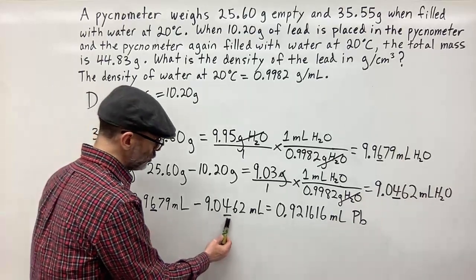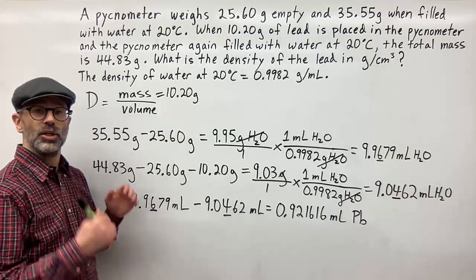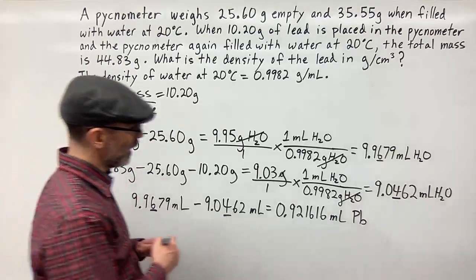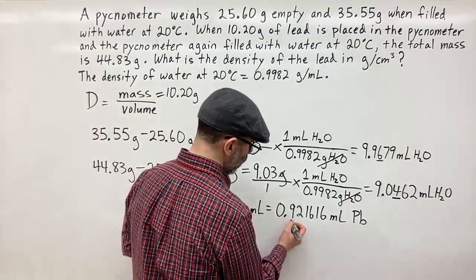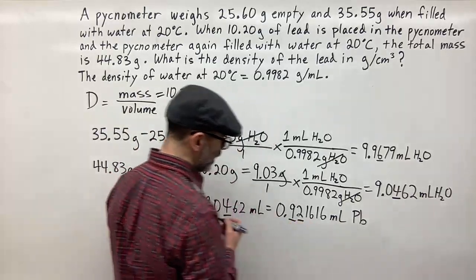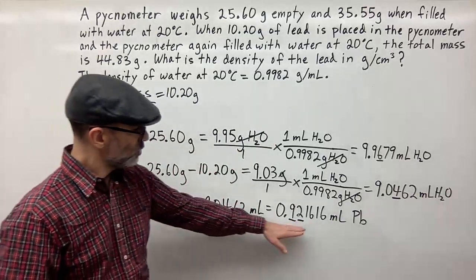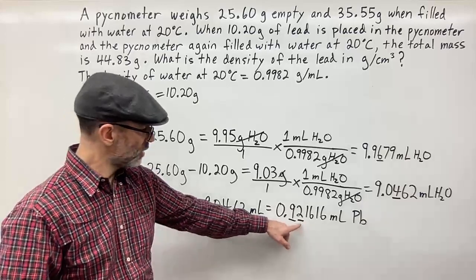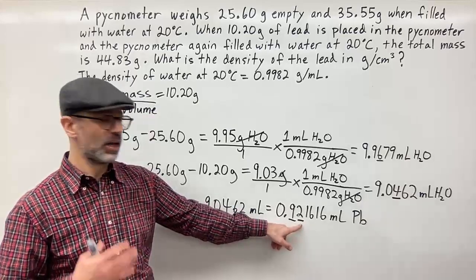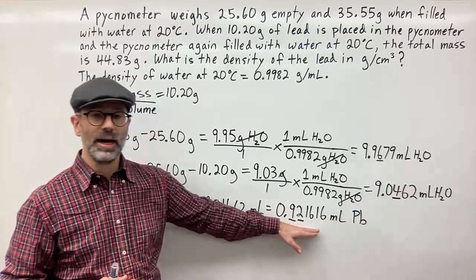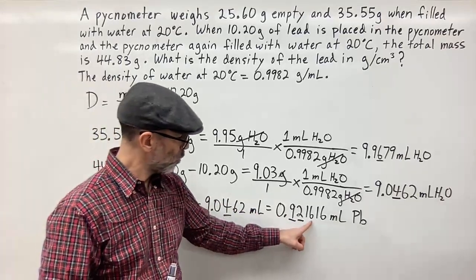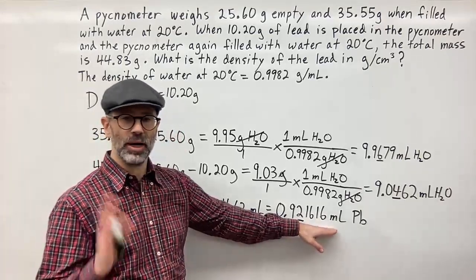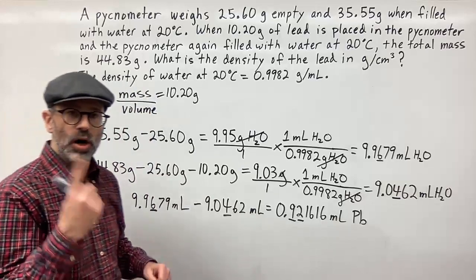This has 1, 2 decimal places. So 2 is the smallest number. So that means that I can only keep up to 2 decimal places here. So this 2 is the last significant figure that I'm allowed. Now I can use this. And again, you can keep 1 extra digit. I'm going to keep the rest, but 1 is enough.